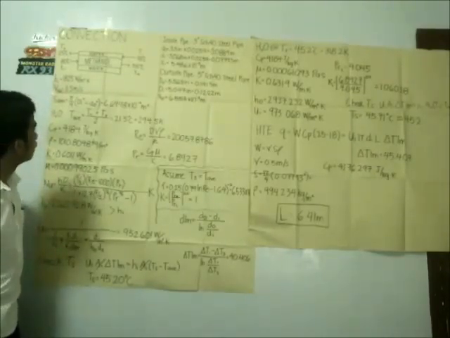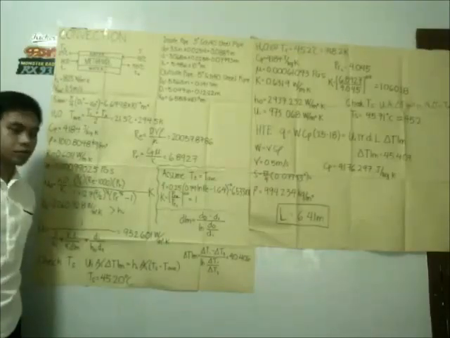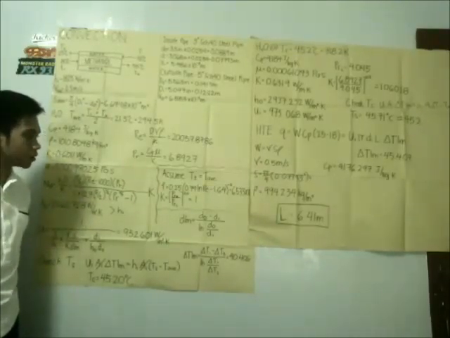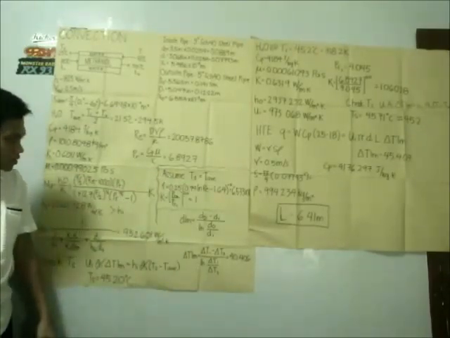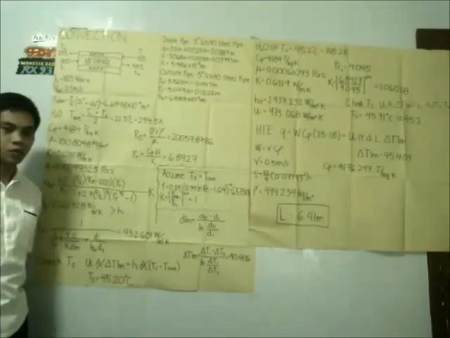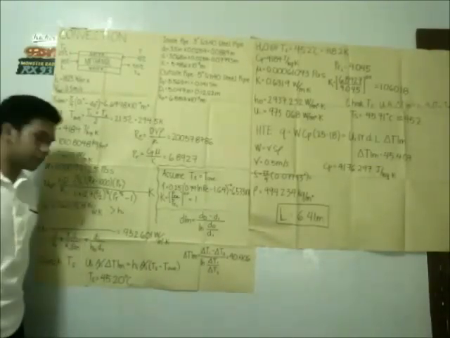Since the surface temperature is assumed to be the average temperature, which is also the bulk temperature, the K would be calculated as 1.